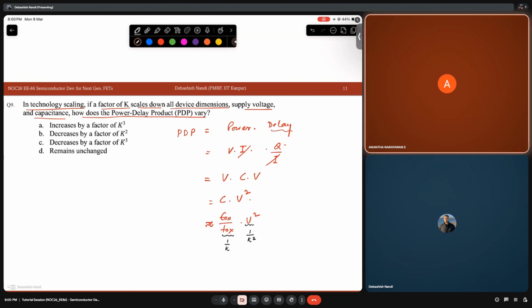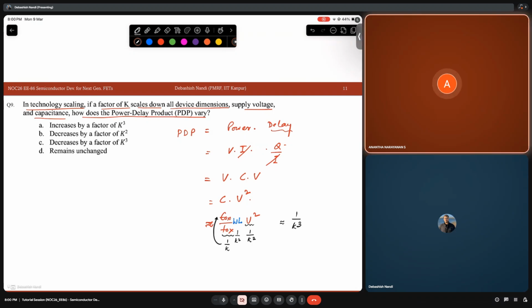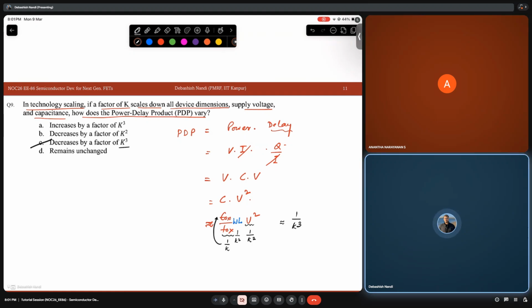But C is also epsilon naught Tox times V square WL. We talk about absolute capacitance in this case. So WL will give me another 1 over k square. So this scales with 1 over k cube, right? So it will decrease by a factor of k cube.